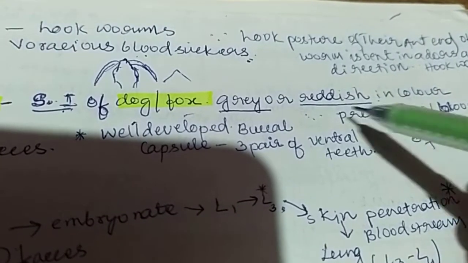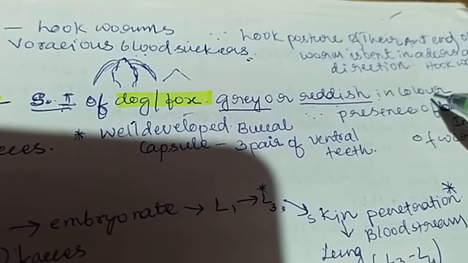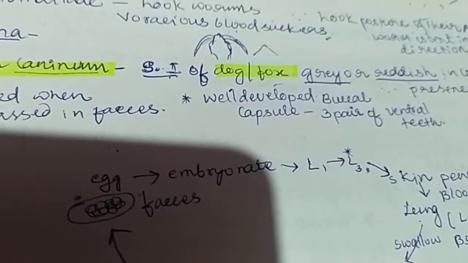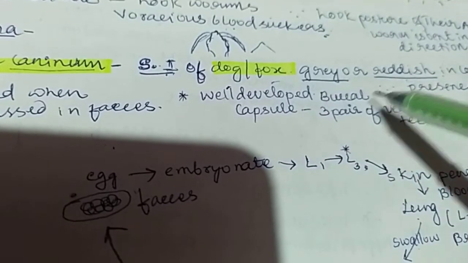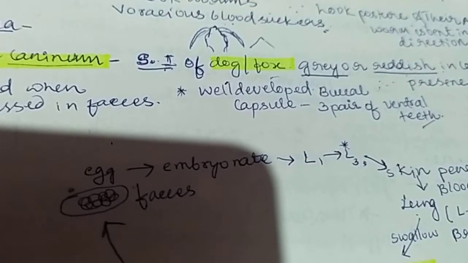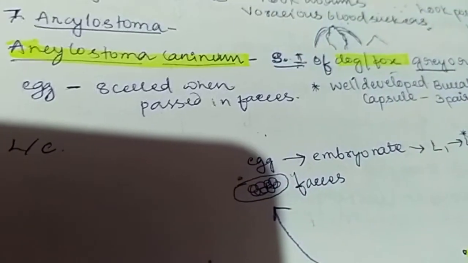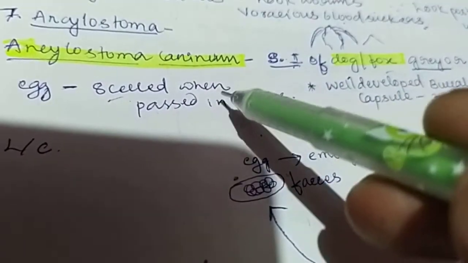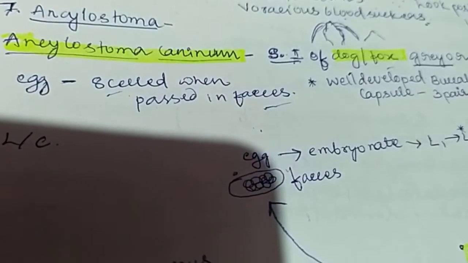These worms look grey or reddish in color. This is based on the presence of blood in the intestine of the worm. And this species possesses a well-developed buccal capsule containing 3 pairs of ventral teeth. And the eggs of these worms are 8-celled when passed in the feces.